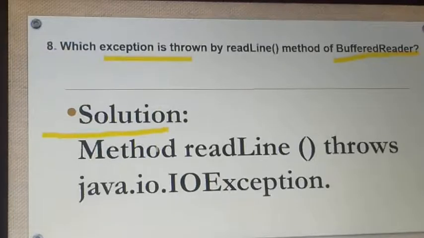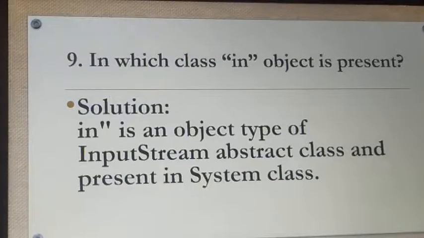Solution is, method readLine throws java.io.IOException. Ninth question is, in which class is in object present? Solution is, in is an object of type InputStream abstract class and present in System class.